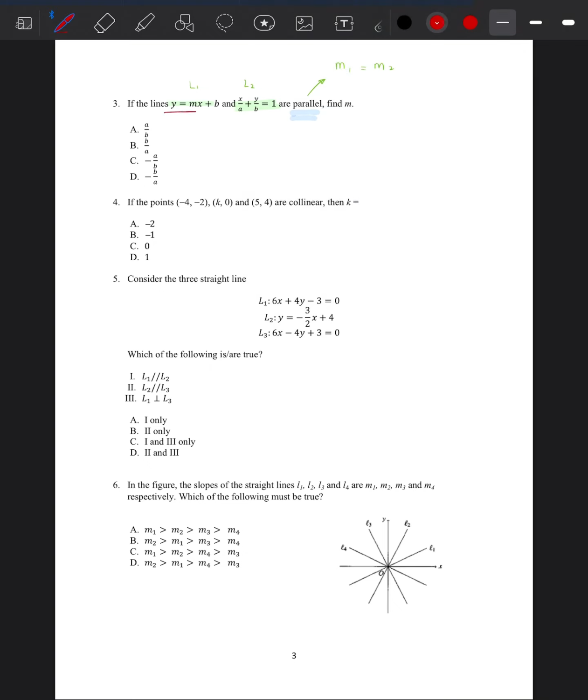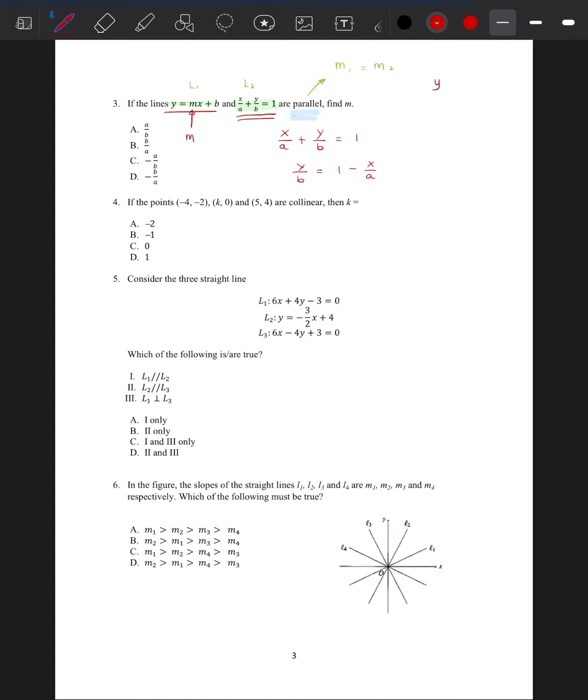So this one is already in the form of y equals mx plus c, so this one will be the slope. And this one is not in the form of y equals mx plus c, so we have to rearrange it first. To rearrange it, we swap the x over a to the other side, and then we still have a b under the y.